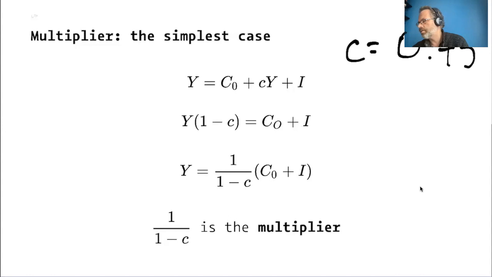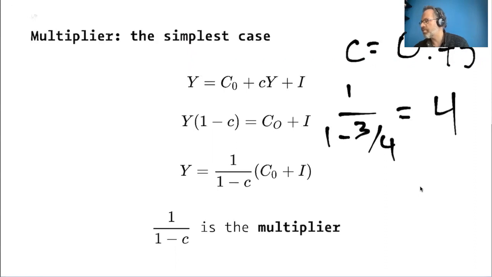Then we could write 1 over 1 minus 3/4 equals 4. In this case, the multiplier would be 4. Now, the notion that people at the margin save 25% of their income is pretty reasonable. If anything, that's a low rate of savings.